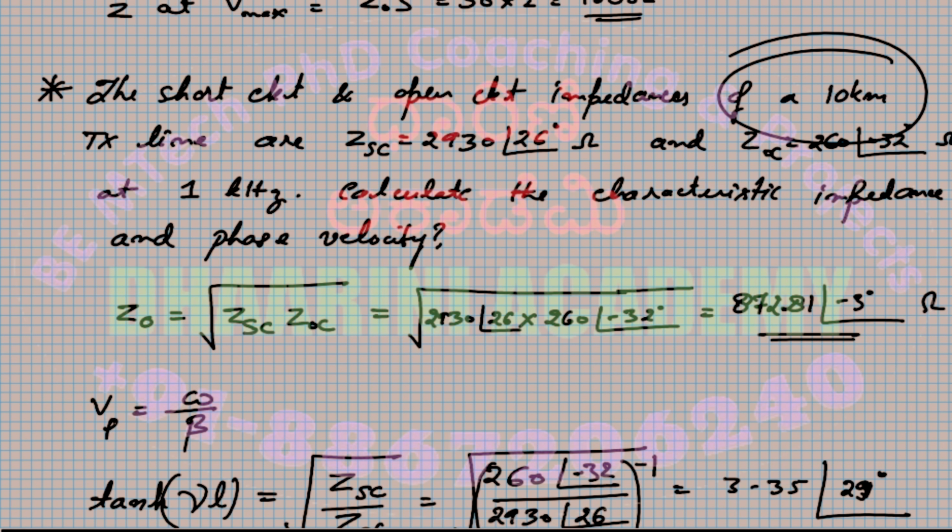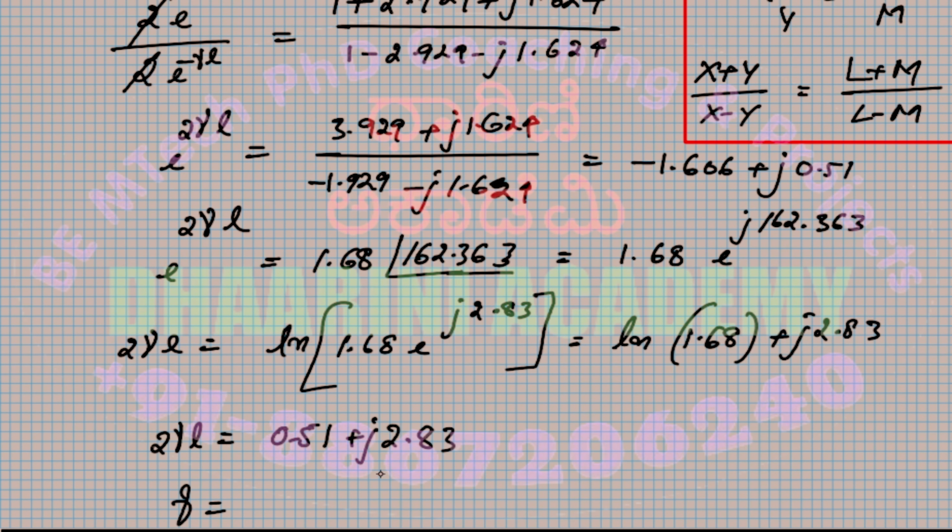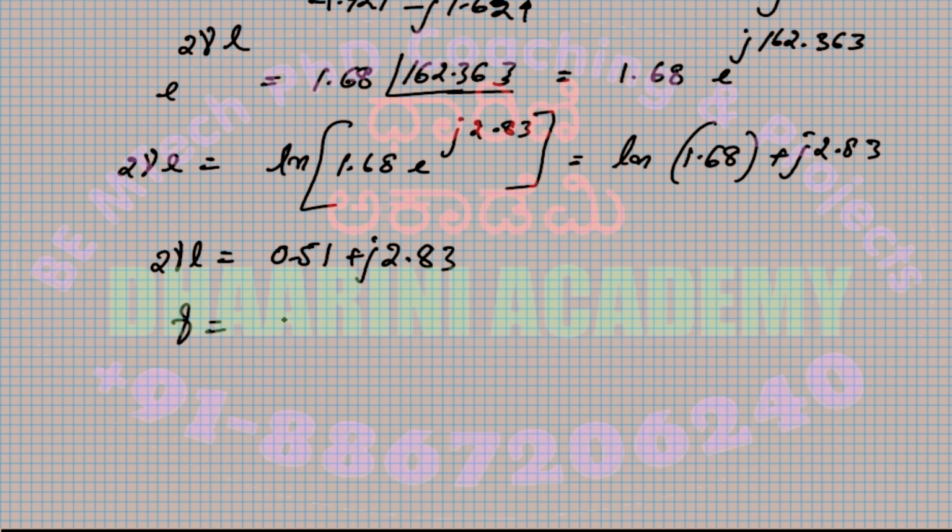So I can apply the value of L in the formula. This is the same number divided by 20 kilo, because 2 into 10, 20 into 10 to the 3.